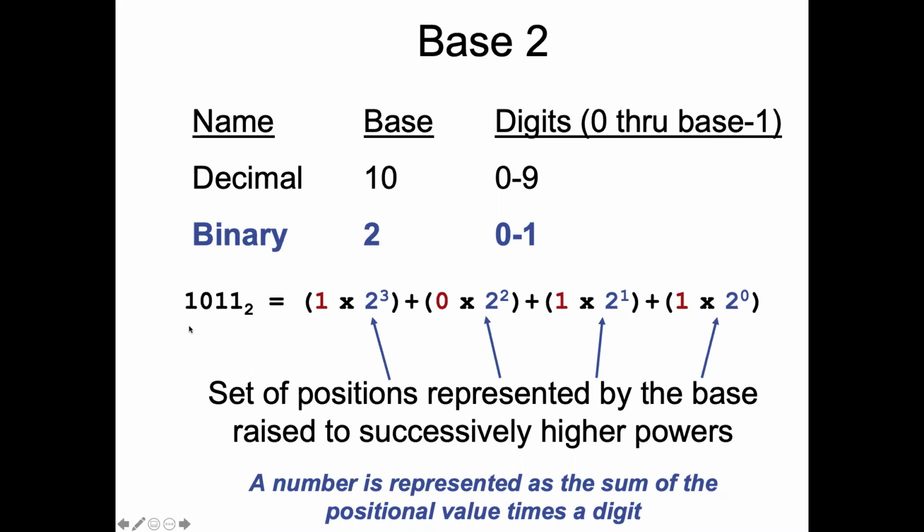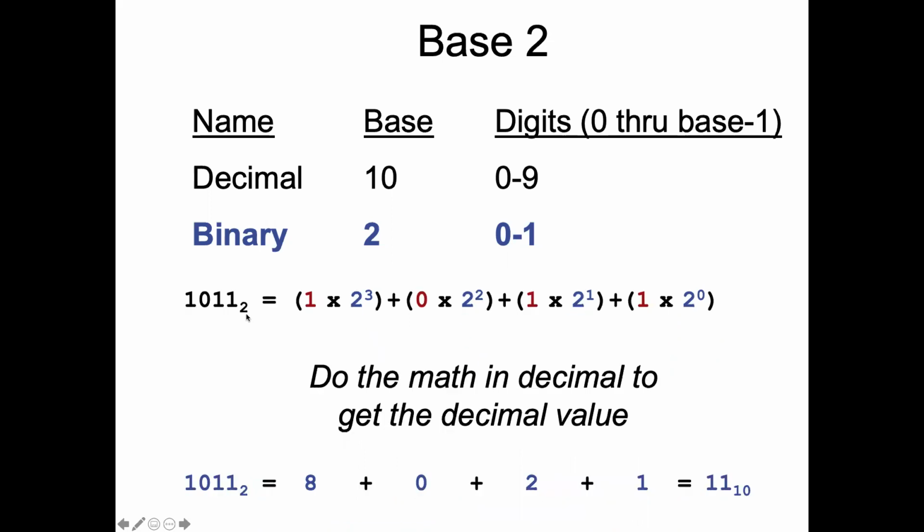So in binary 1011, if we had to know what that was in base 10, and I hope I did it right, I just did it a moment ago in my head, if we carry this out, we would say this 1 times 2 cubed is really 8. This 0 times 2 squared is worth 0. This 1 times 2 to the 1st is worth 2.